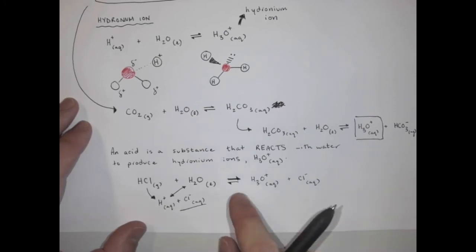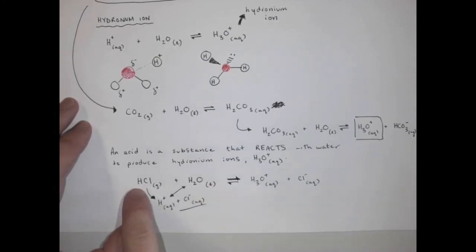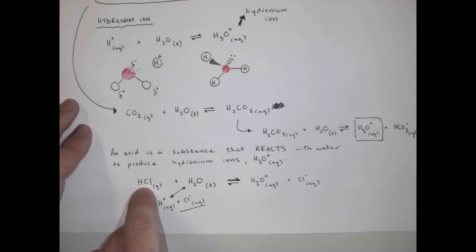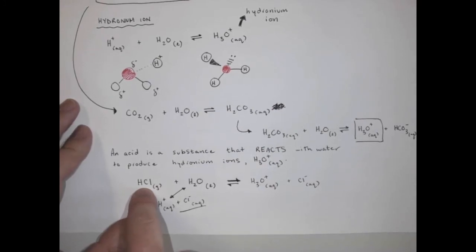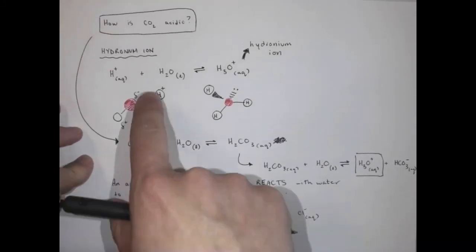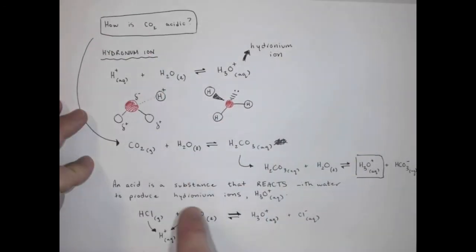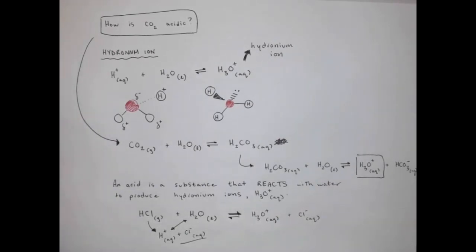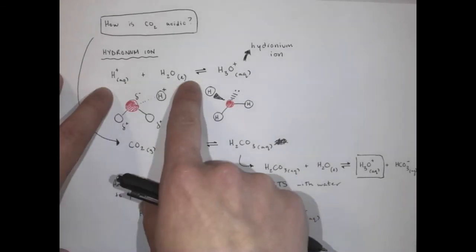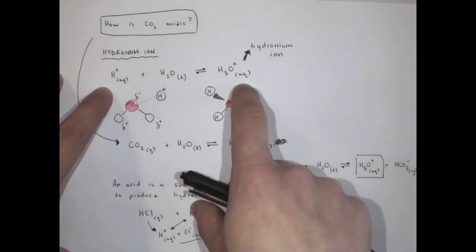So once again, this can be used to explain something that has hydrogen in its formula, or it can explain the acidic properties of something where hydrogen is not in the formula. Okay, so an acid is not necessarily something that has hydrogen in its formula, but it's a substance that is going to react with water to produce hydrogen ions in water, and those hydrogen ions will react with the water to make hydronium ions.